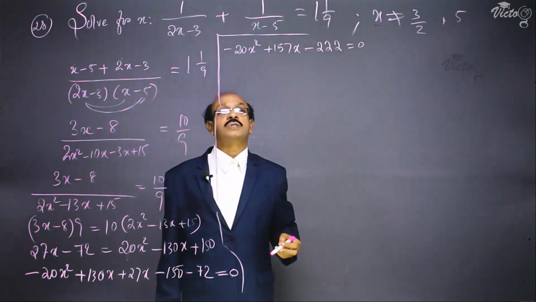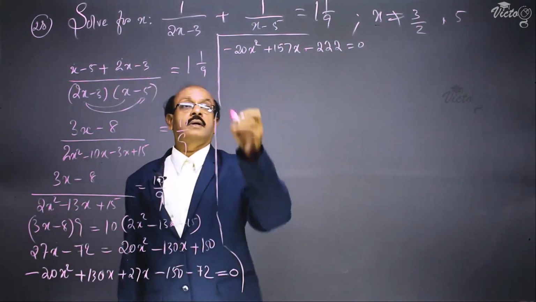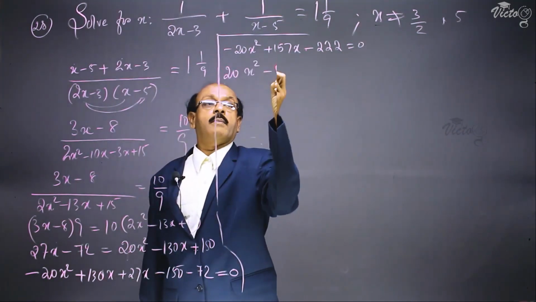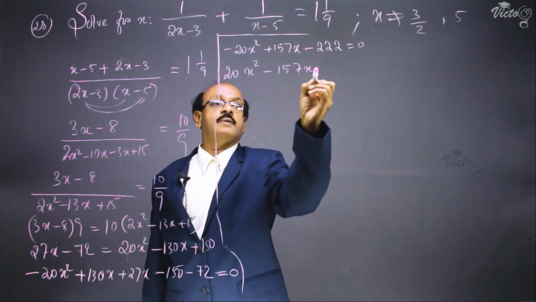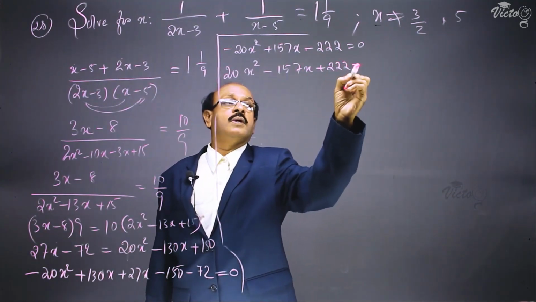Now we have to change the sign. 20x square minus 157x plus 222 is equal to 0.